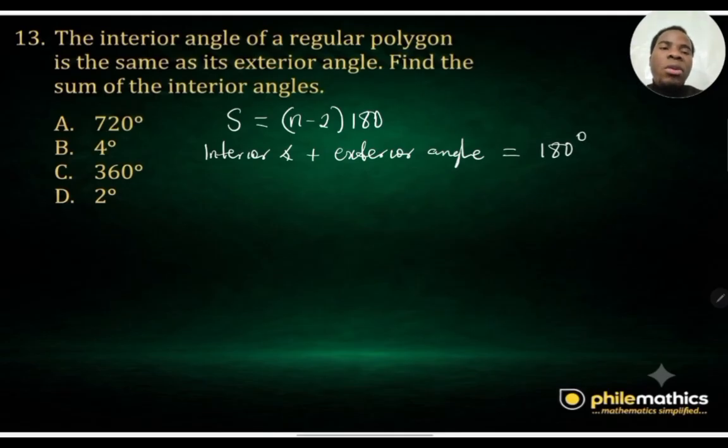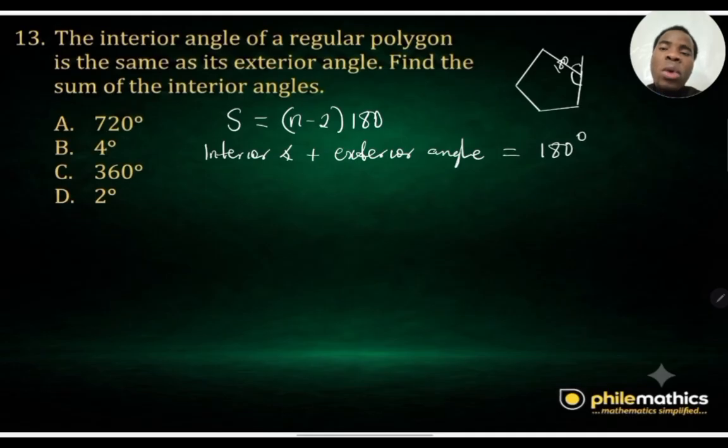Let's say we have a pentagon which is 5 sides. We know exactly that this exterior angle plus this interior angle should sum up to angle on a straight line, which is 180 degrees. That is how we got this.